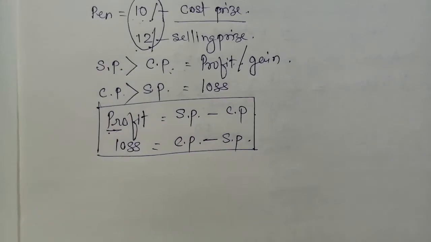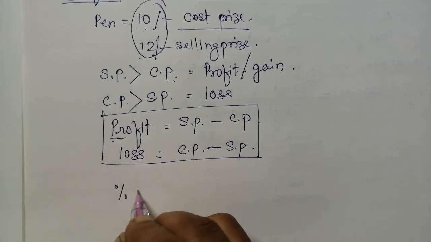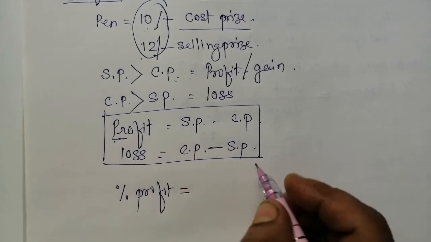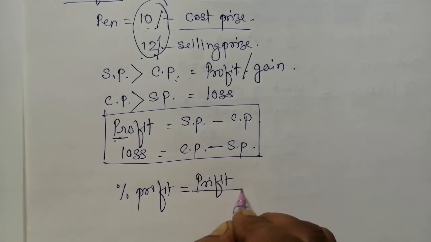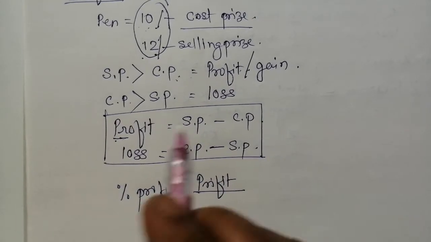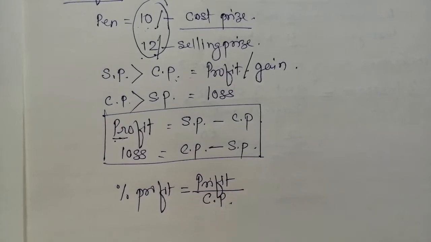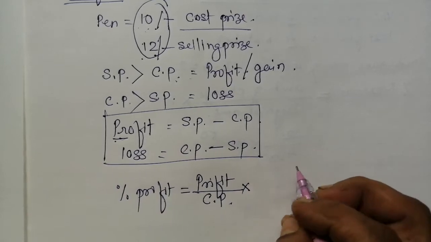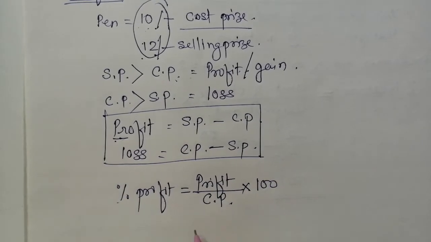Now this profit you are asked to find as a percentage, so percentage profit is equal to how much profit you got, divided by the cost price for which you have got the profit, multiplied by 100.